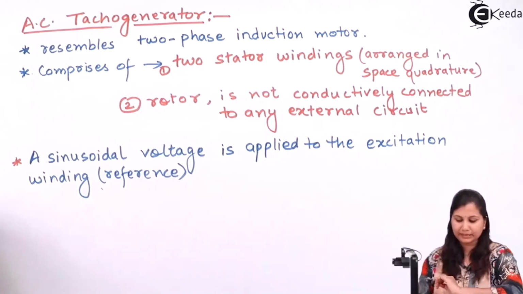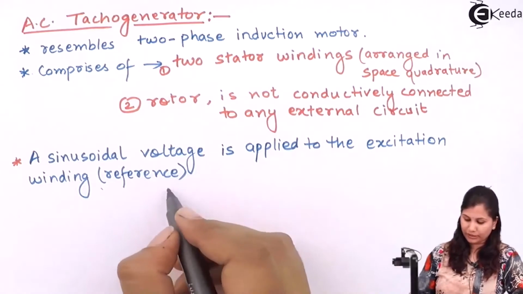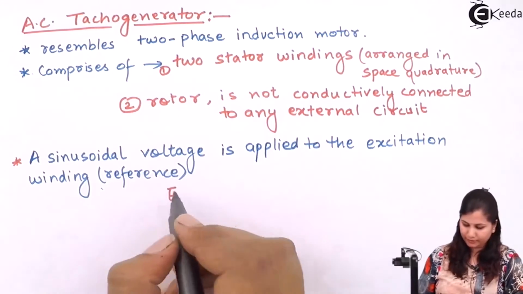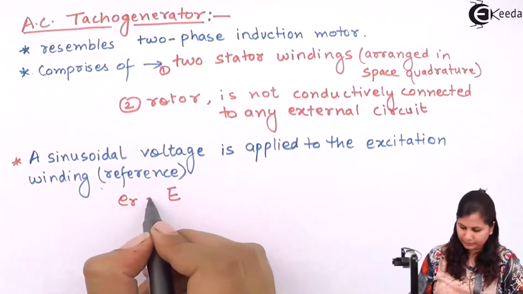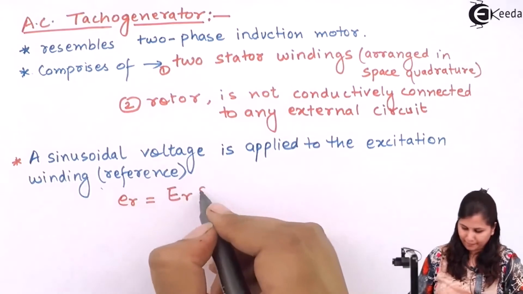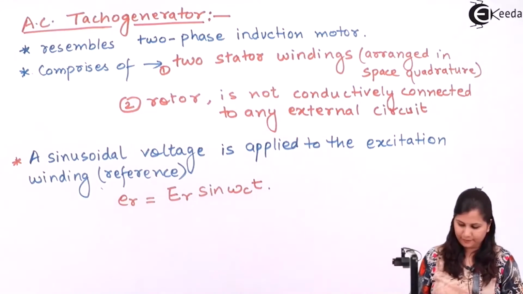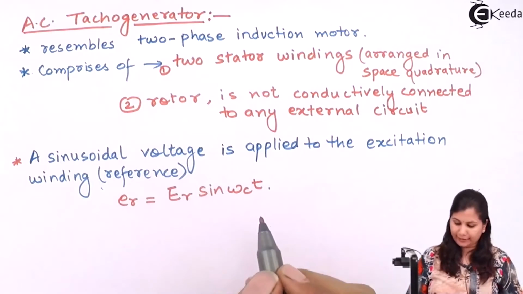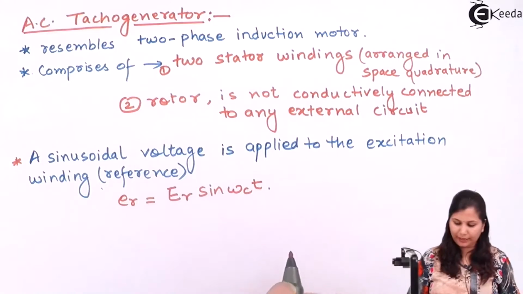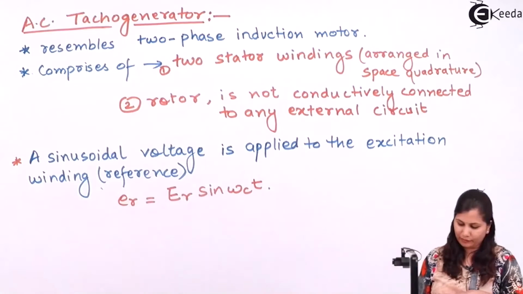So if we represent this sinusoidal voltage, it will be E_R sine omega_c t. Okay, so this is the sinusoidal voltage which is applied to the excitation winding.